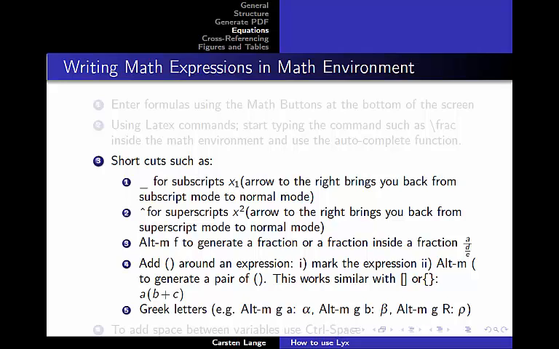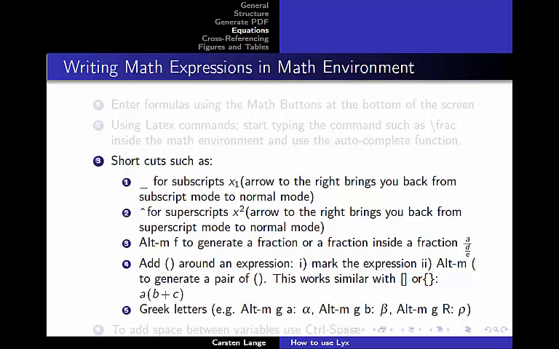Type Alt-M at the same time, then release the two buttons, press G for Greek letters, and then the letter you want to type. That could be a small a for a small alpha. It could be also a capital R for capital Rho. I will show you how to do that for a few examples.